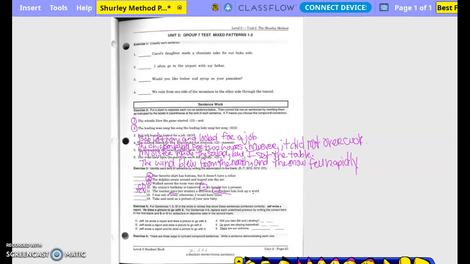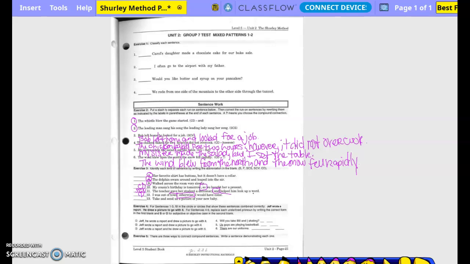I was out of town. Otherwise, I would have come. So what do we need to underline there or put in a box? The semicolon, otherwise, and the comma, right? So that makes it a what kind of sentence? A compound sentence. So CD. Take and send us a picture of your new baby.